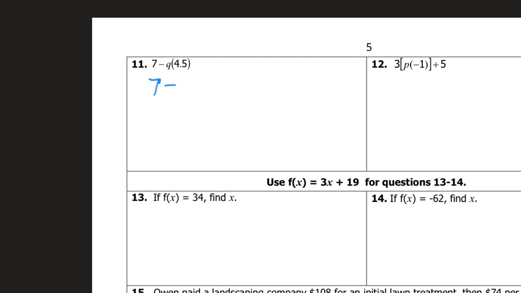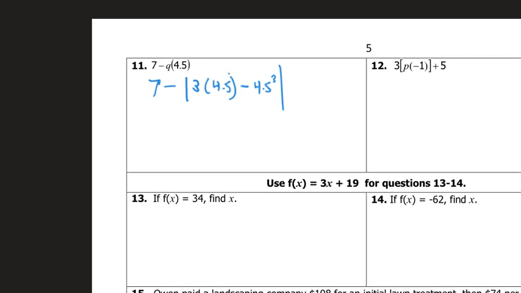What was the q again? Okay, that's what that looks like. I think I'm still working on the same problem here. Let's double check it. So it looks like this, right? Boom.